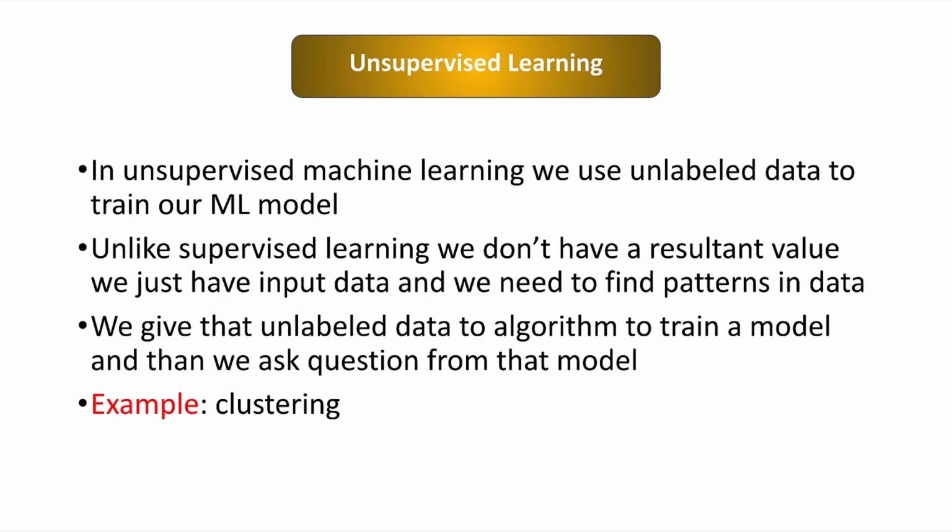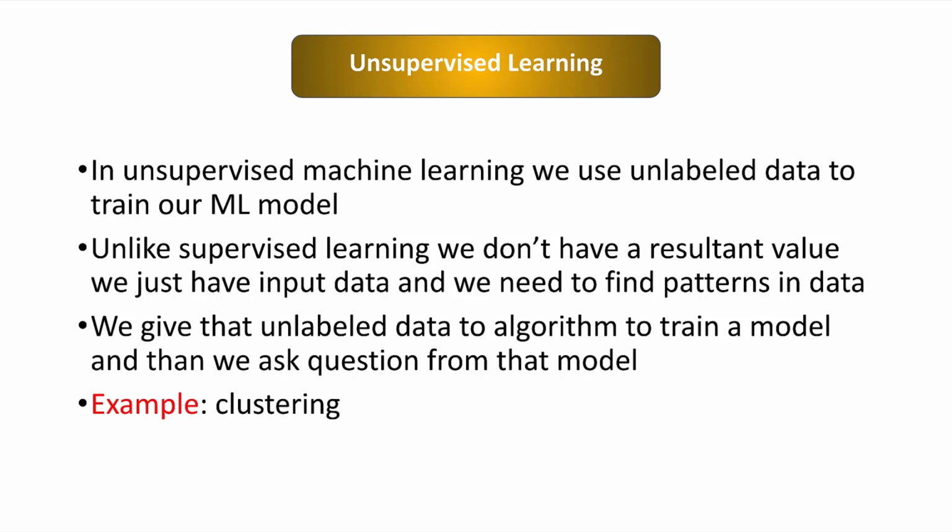In unsupervised machine learning, we use unlabeled data to train our machine learning model. Unlike supervised machine learning, we don't have a resultant value, we just have the input data and we need to find patterns in that data. We give that unlabeled data to our algorithm to train a model and then we ask questions of that model.